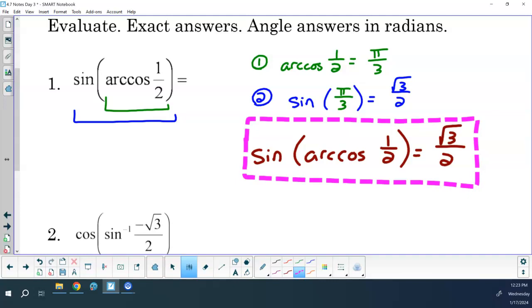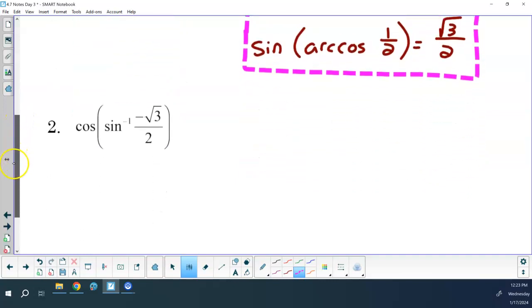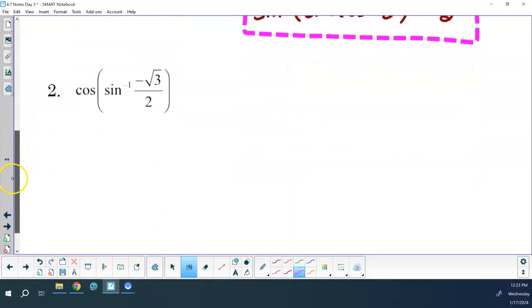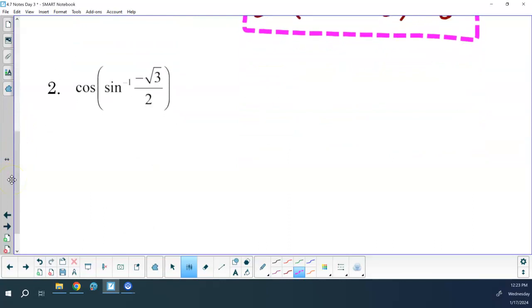Yeah. You find me the cosine of the inverse sine of negative square root 3 over 2. That's negative pi over 3.